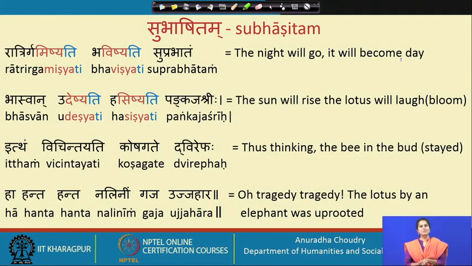Kintu parikshartham kinchit pathanam, kinchit lekhanam avashyakam asti. Avashyakam means required, and pathanam is reading, lekhanam is writing. So with these, I would thank Piyush. Bahu dhanyavadaha. Dhanyavadaha.